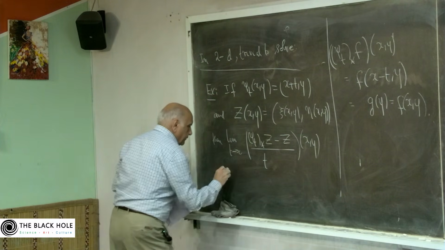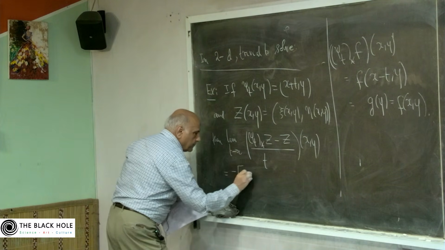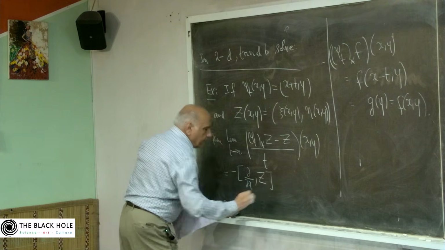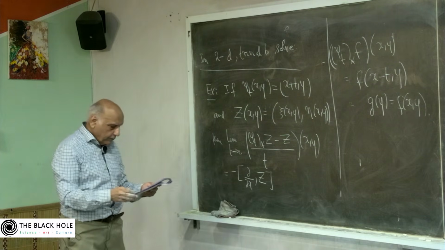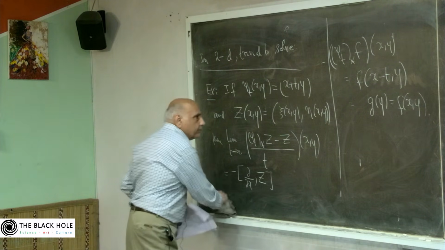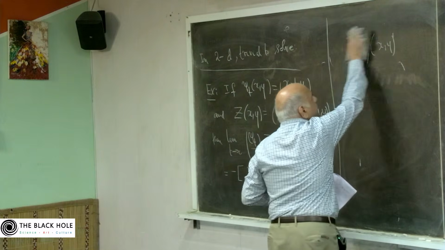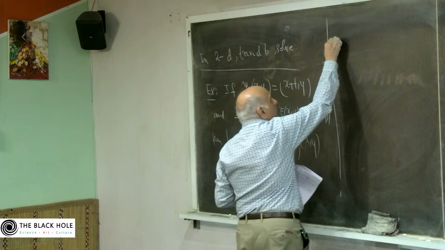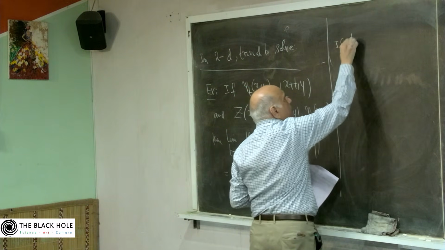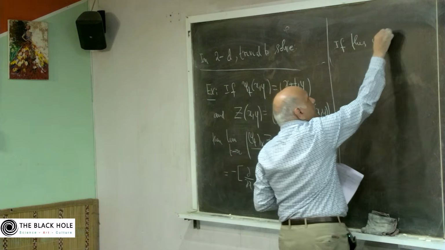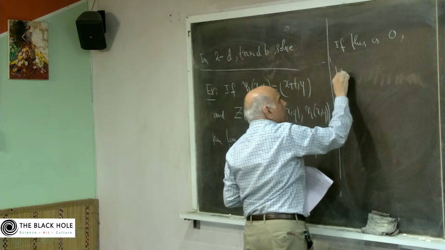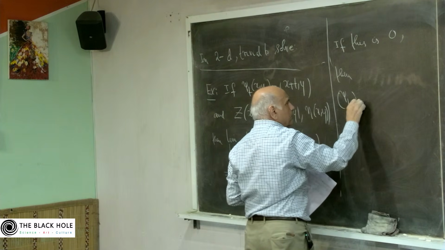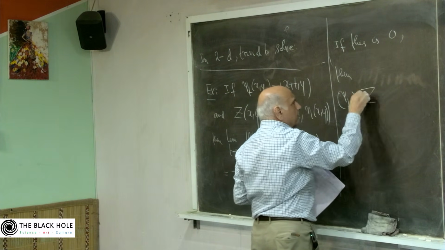If you compute it out, this will be equal to minus partial by partial x z. Okay. And therefore, if this limit is 0, then epsilon t star z is equal to z.